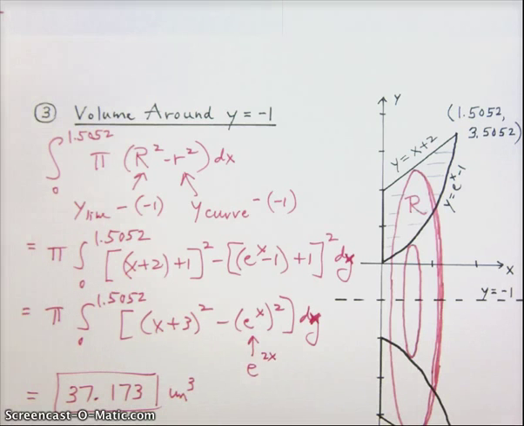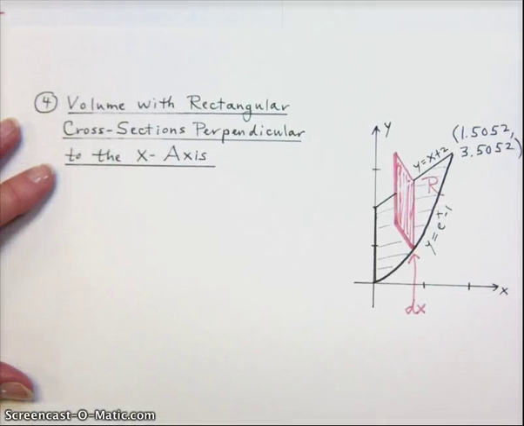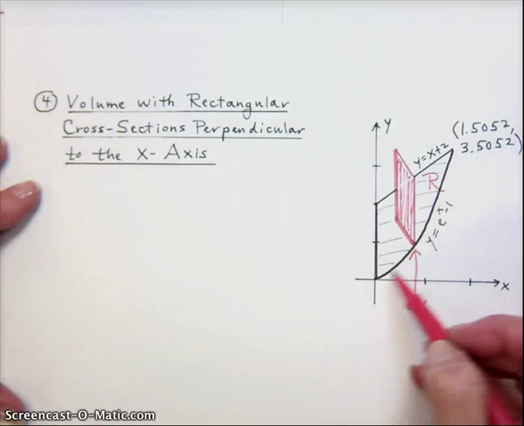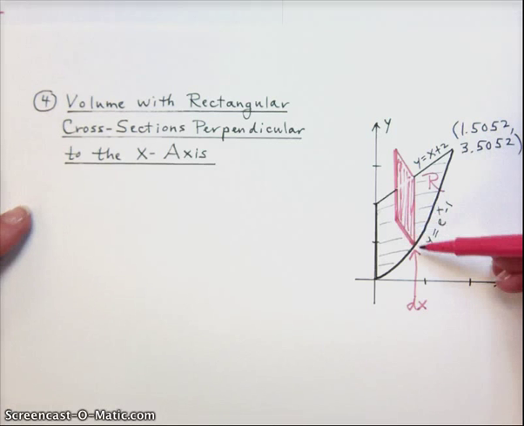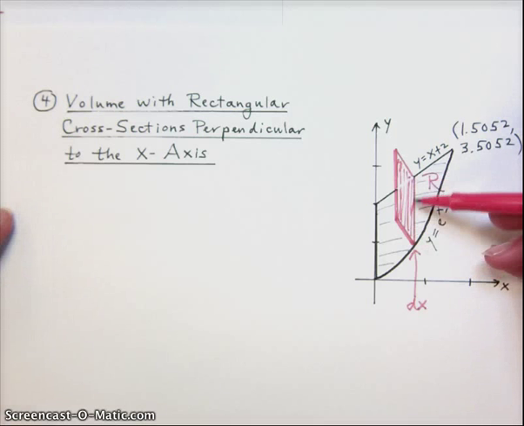All right, and on to our final example, which is an interesting solid where we are using the big region R as the base of the solid, and we have rectangles coming out of the page, and we know that the height or width, if you will, of those rectangles is half the length in R, where the lengths are perpendicular to the x-axis.